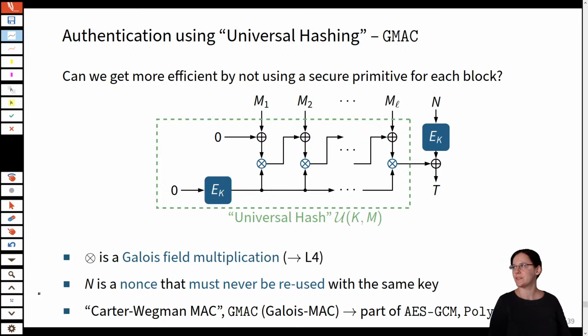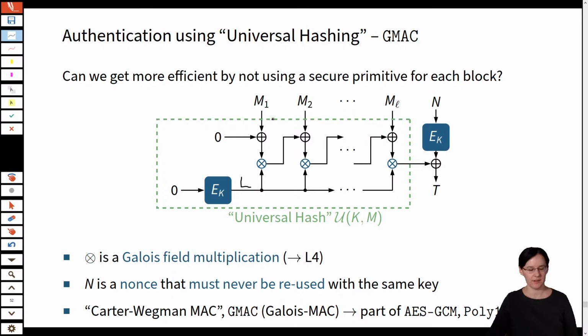So far we always needed at least one compression function call or one block cipher call for every message block. And this construction here does without that. It works as follows. So it does use a block cipher call, but only at the very beginning here. So at the beginning, it encrypts the value 0 one time to produce some helper key L here.